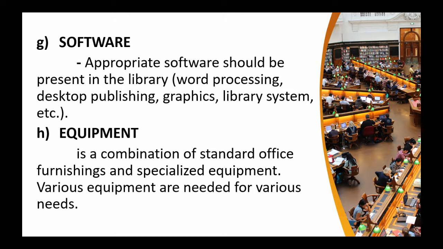They have a table for meetings, and they have a sofa if someone visits who needs to see the library director privately. So that's one example of various equipment needed for various needs. They have different equipment that has various uses.